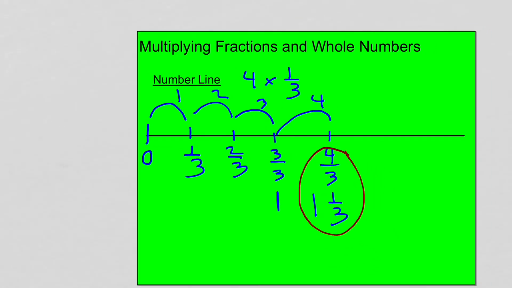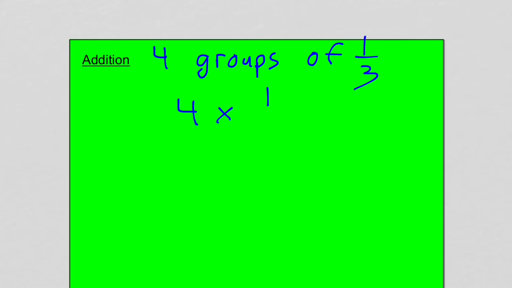So we looked at what that would look like with a number line. And then we looked at what the same thing would look like as repeated addition. If we're talking about 4 groups of 1/3, we can also say 4 times 1/3.